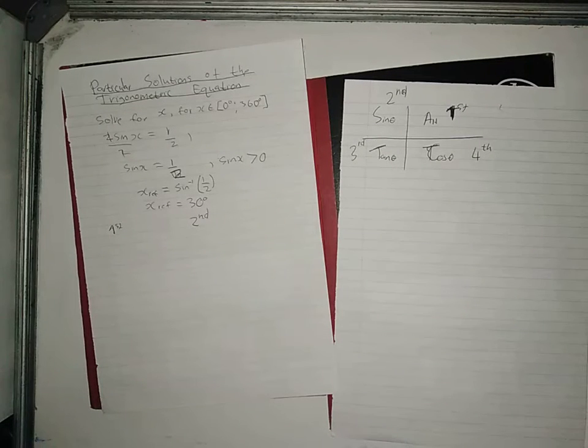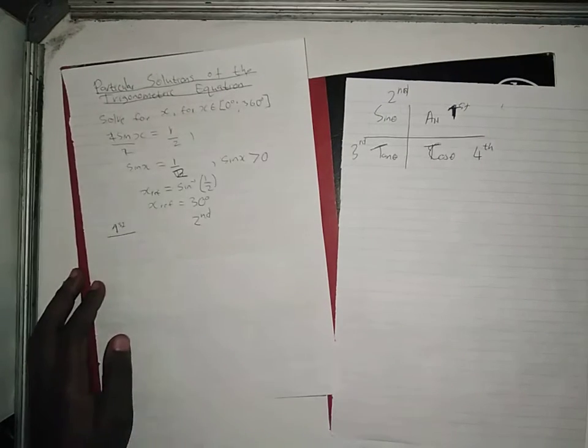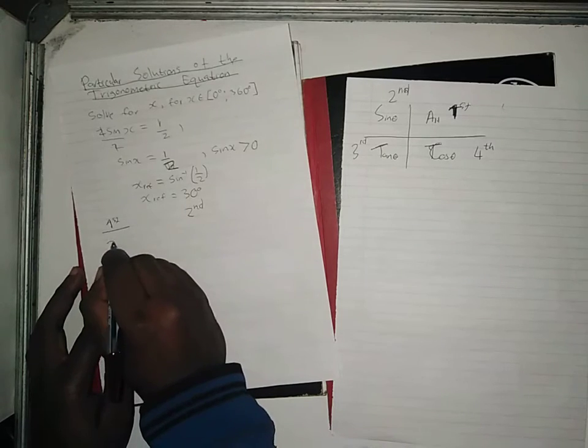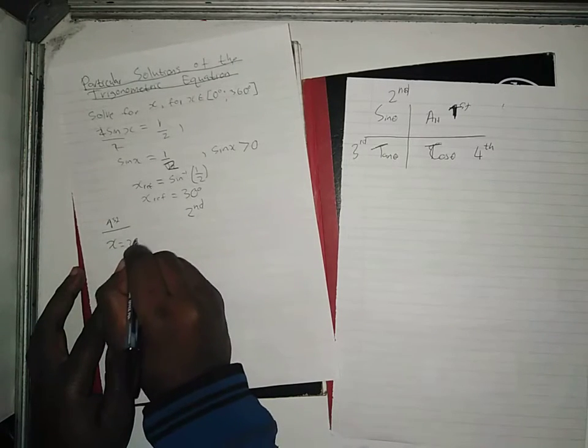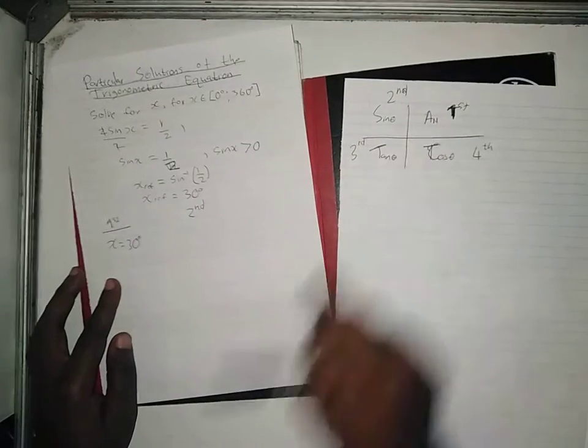Now let's find the solution that is in the first quadrant. The solution in the first quadrant is x itself. x is equal to 30 degrees, because you just take an angle that is below 90 degrees.